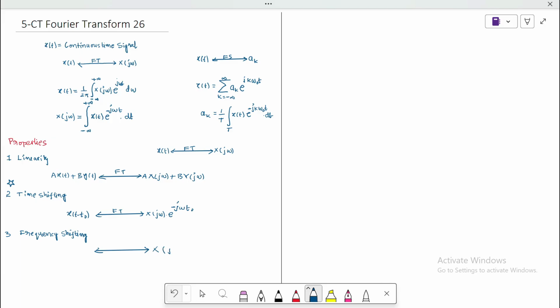See here, this x of j omega minus omega naught is shifted in the frequency domain. The corresponding signal in the time domain is x of t multiplied by the exponential, equal to, here minus, here we will get plus j omega naught, where omega naught is shifted. So e power j omega naught into t. This is the frequency shifting property. It is also a very important property.